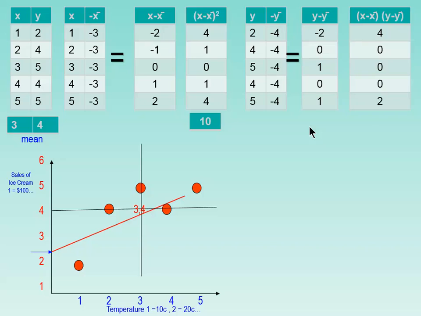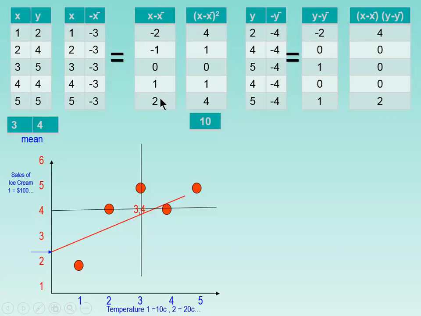And now what we do is a whole different thing here. We take these values that we got from this column, x minus the x mean, and we multiply it by y minus the y mean, which is this column right here.